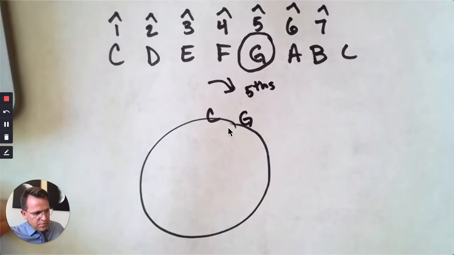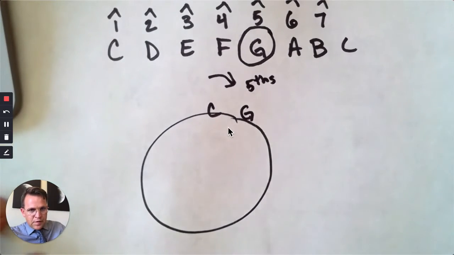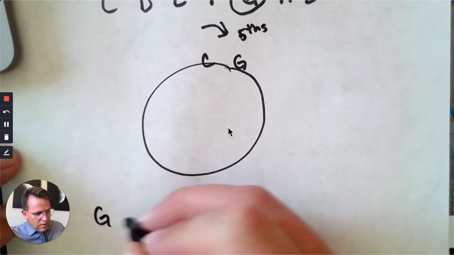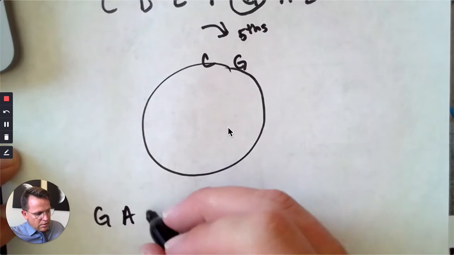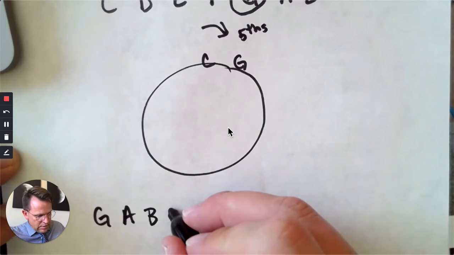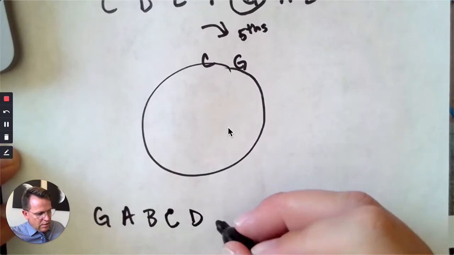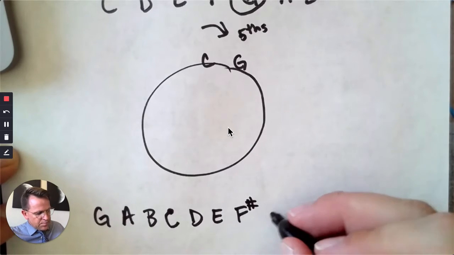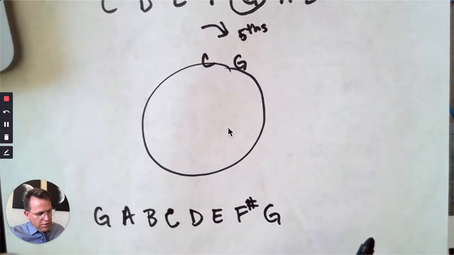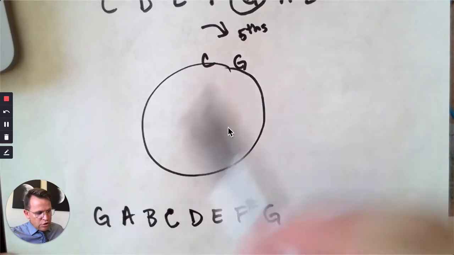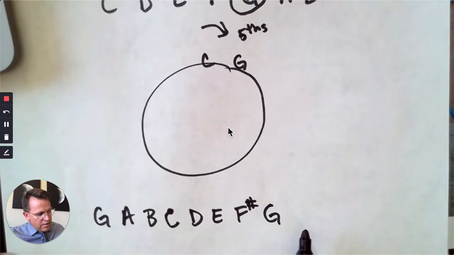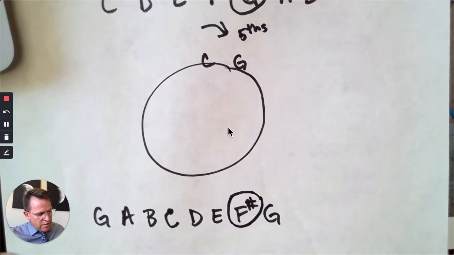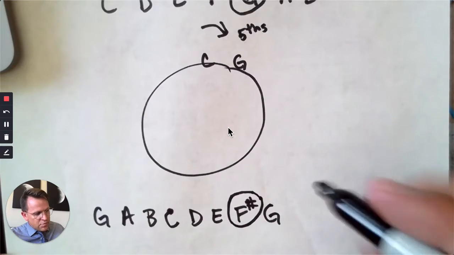Well, G major, if I were to spell it out, I would get G, A, B, C, D, E, F sharp, and G. And so you'll notice one note got changed between C major and G major, and that is the 7th scale degree, T. So T has been raised, and the key signature for this would be 1 sharp, or F sharp.